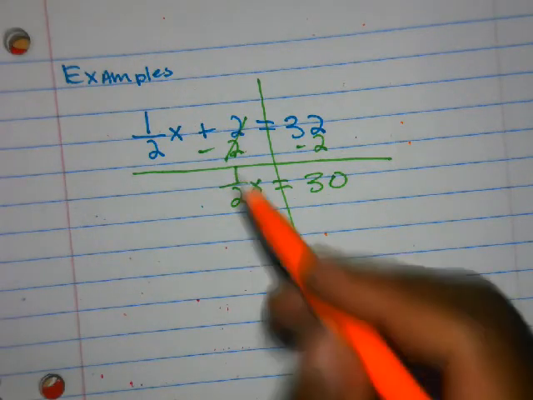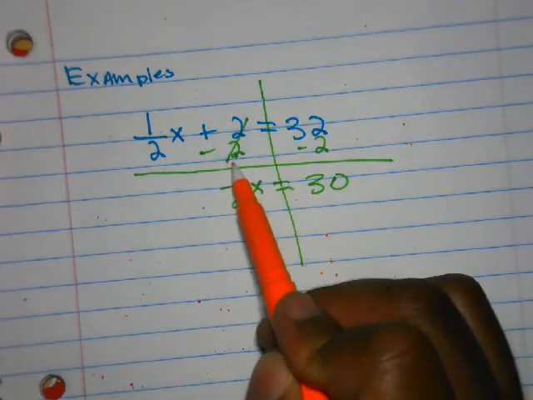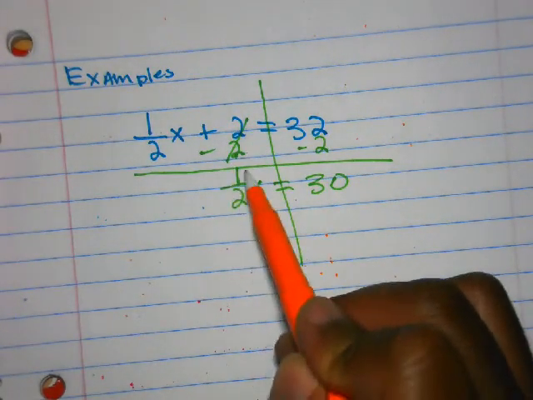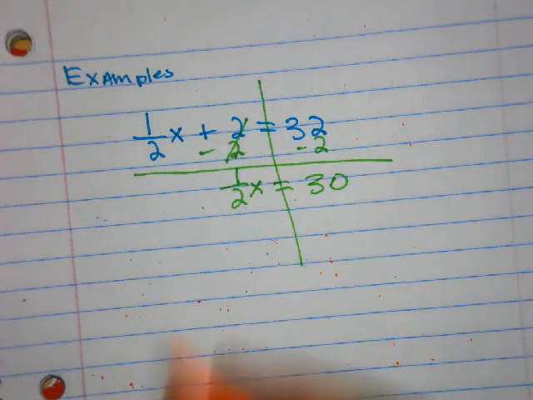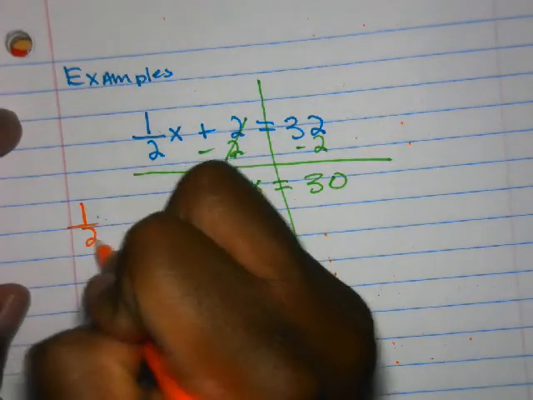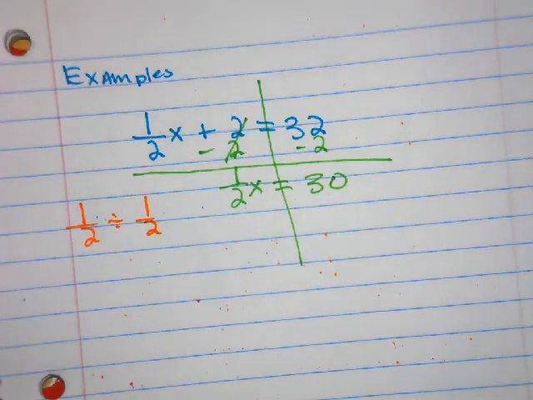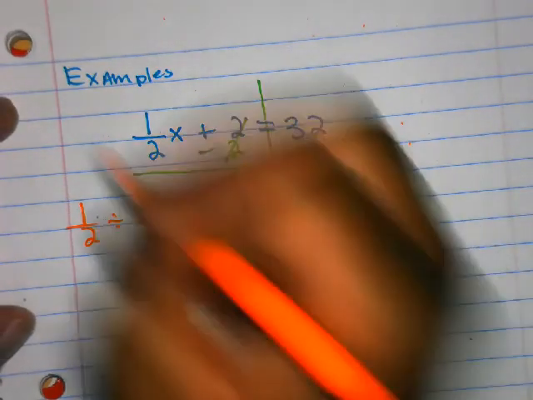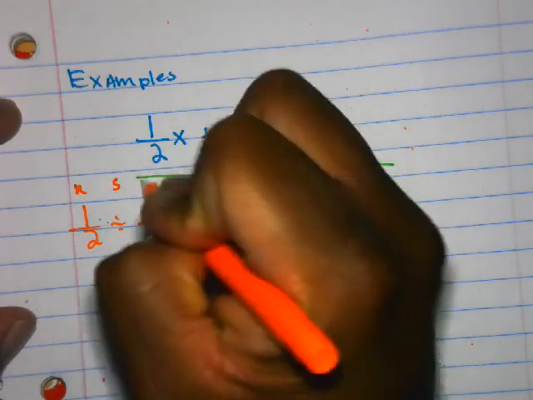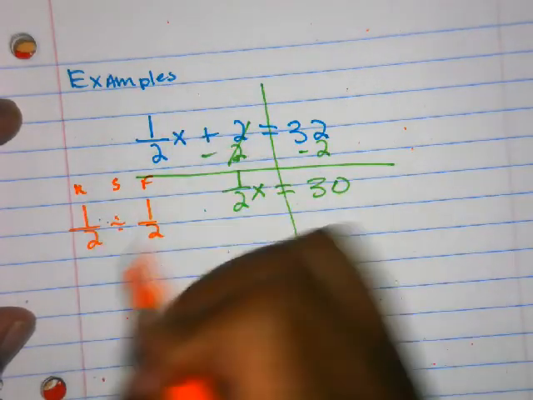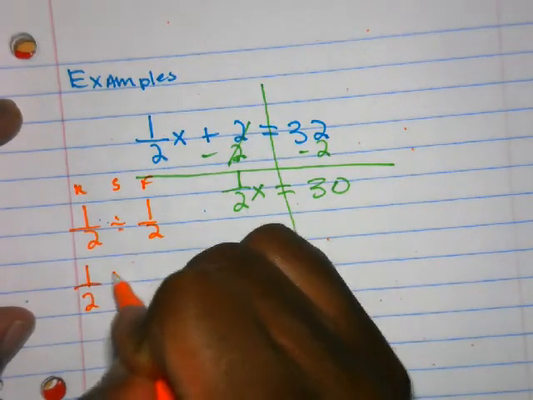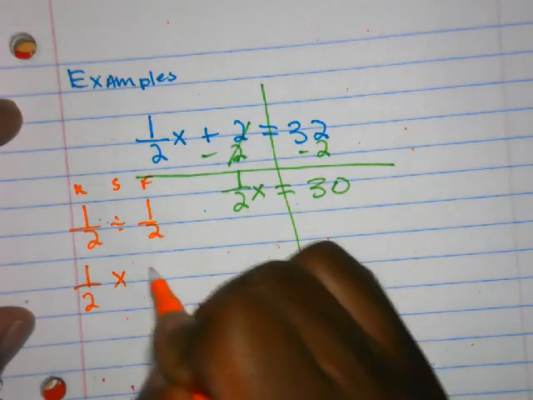Just the same way we did plus 2 minus 2, I would have to take 1/2 x and divide by 1/2 x. So it would be 1/2 divided by 1/2. But what happens with division when you divide fractions? You keep, switch, flip. So you actually take 1/2 and multiply, flip this one by 2/1.